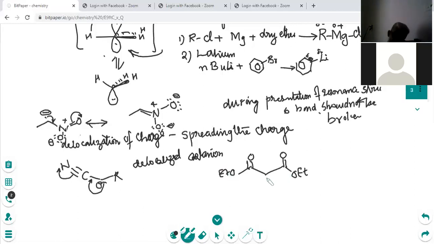If you react this compound, diethyl malonate, with sodium, you will get a carbanion, the sodium salt of this diethyl malonate.